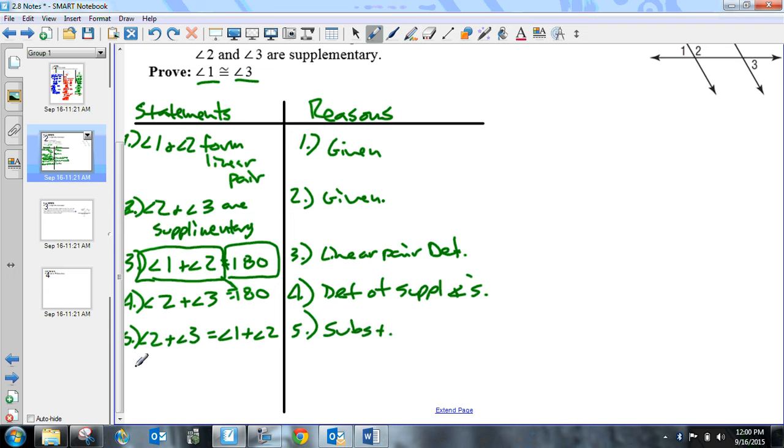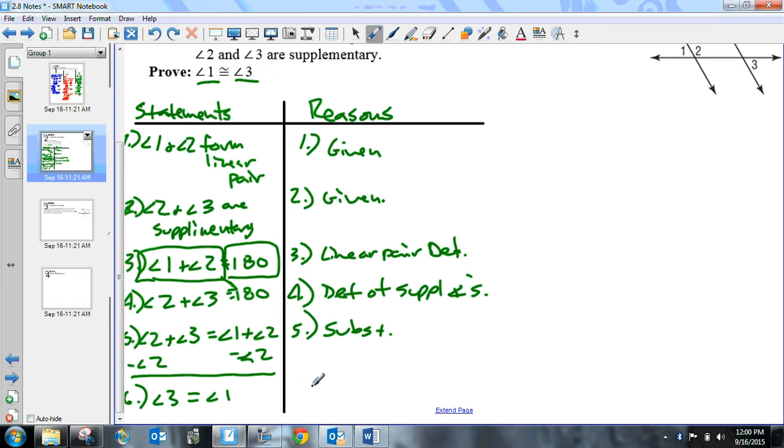Now I have a common angle 2 on both sides. If I subtract both sides by angle 2, I get my sixth step, which is angle 3 is equal to angle 1.